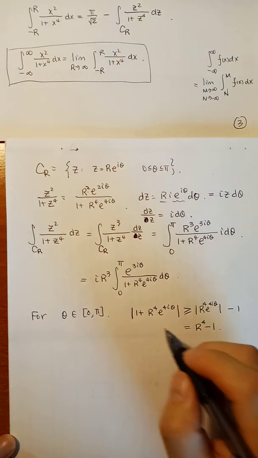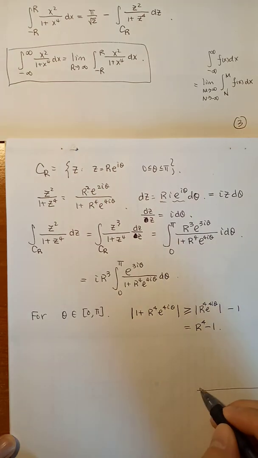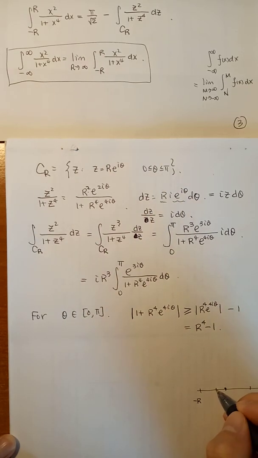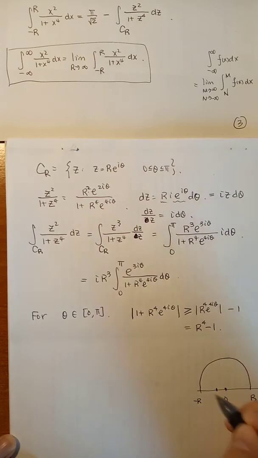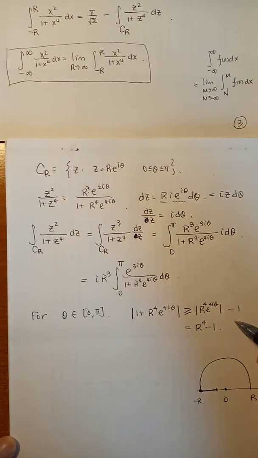We can consider it as the distance between these points: 0 is here, negative R is here, R is here, so this is 1. To get the minimal distance, you choose theta equal to pi. This is the minimal distance. Anyway, we just consider this triangle inequality.